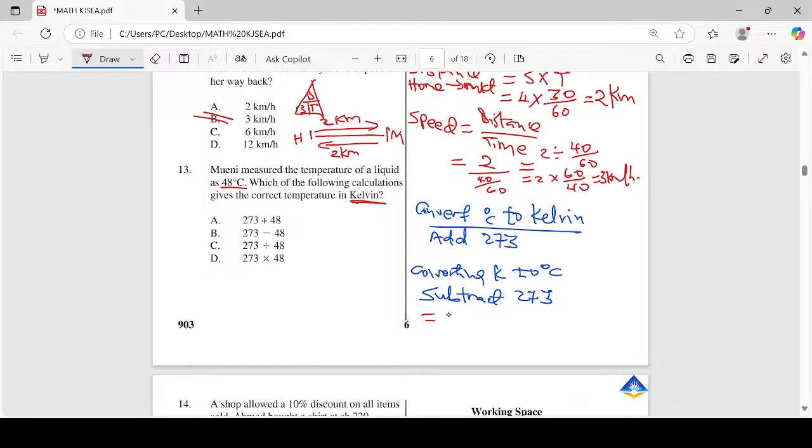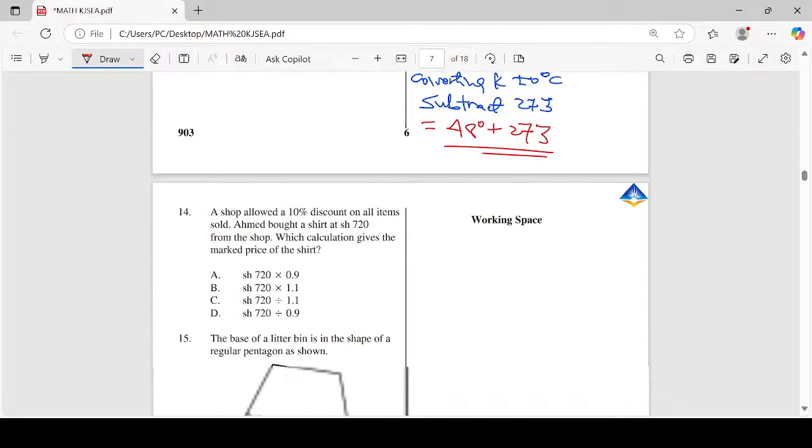So we take the 48 degrees, then we add the 273. 48 degrees plus 273, that is choice A. Choice A gives you the correct answer. Don't forget that.